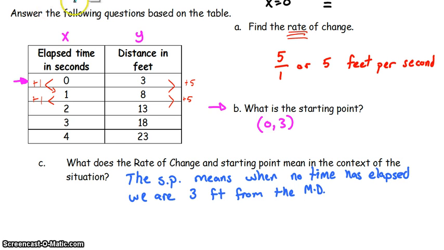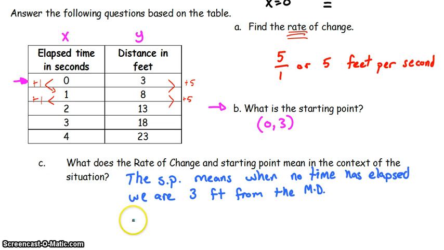One thing I want us to be careful of when we're talking about the rate of change is identifying whether it's positive or negative. In this case, it's a +5. Positive, if you remember, in our graphs, means the graph was going up.